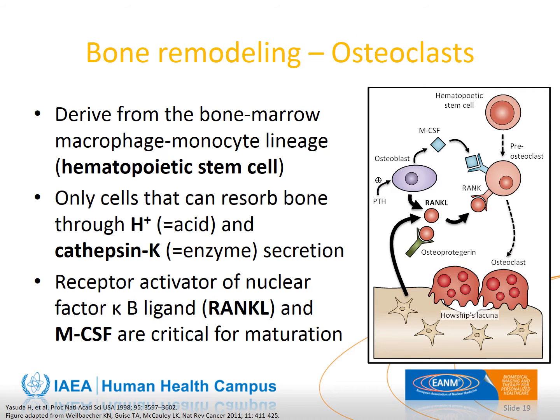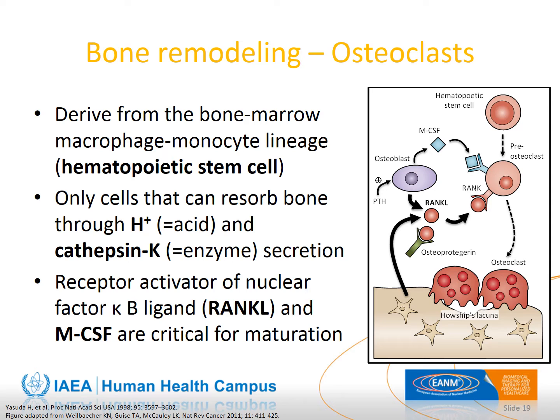So far, we have discussed the origins, mechanism, and function of osteoblasts and osteocytes. To conclude our overview of bone cell types, let's now focus on the osteoclast. These cells derive from the bone marrow macrophage monocyte lineage, or hematopoietic stem cell.